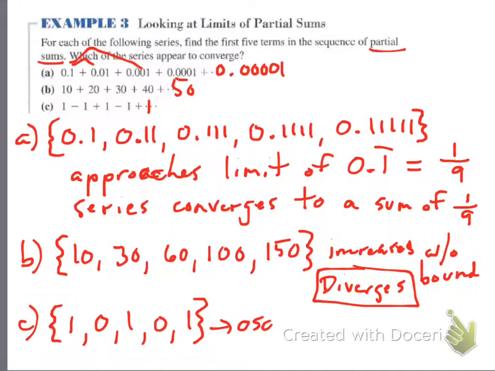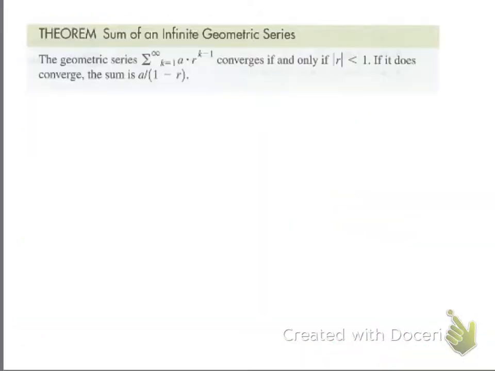These values oscillate. Remember we talked about that term? Oscillate means it just goes back and forth from 0 to 1. That means there's no limit. So it diverges. Okay? So that's how you can use partial sums to figure out whether the series converge or diverge.